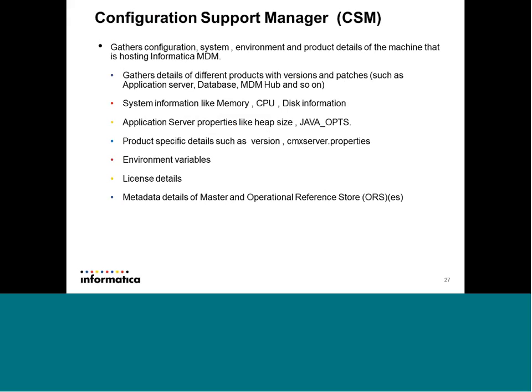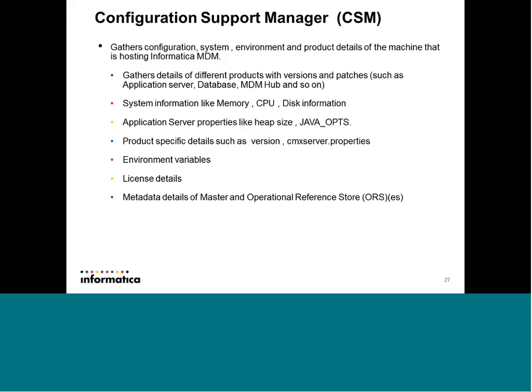It will also provide you with system information like memory, CPU, and disk information like the available disk size and free disk. And it will provide you with application server properties like the heap size and the Java opts that we have. It will help you with debugging out of memory issues that we commonly face in MDM systems.